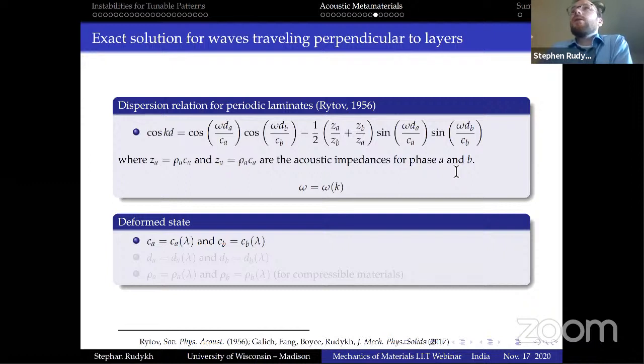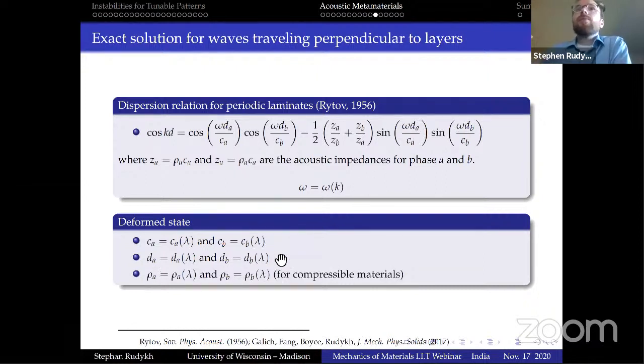So the velocity in each material, in phase A, phase B, matrix and fibers, can change with deformation. And there are also relatively simple changes in geometry, in the actual thicknesses of the matrix and fiber material, that change with lambda.